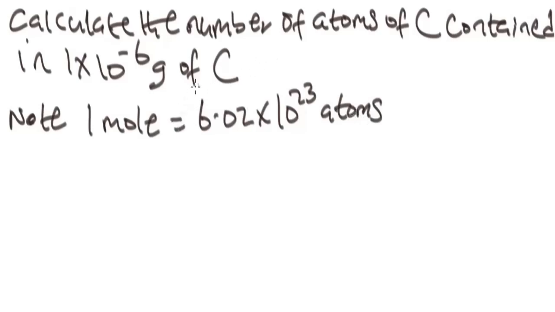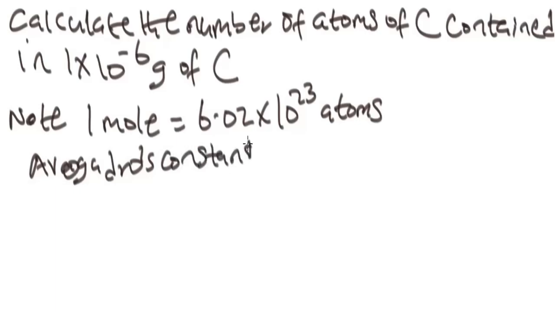Alright, so for this particular problem, this is the formula we apply to do it. So to solve it, it will be Avogadro's constant times the mass of the element you are given, over the mass number of the element.